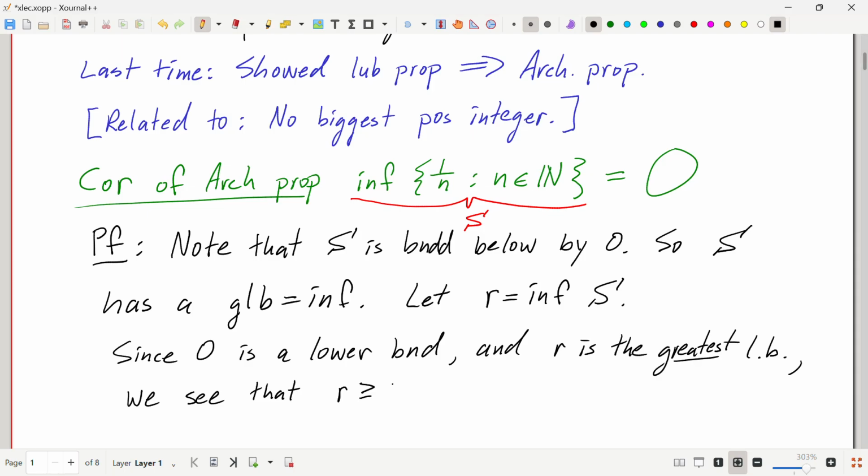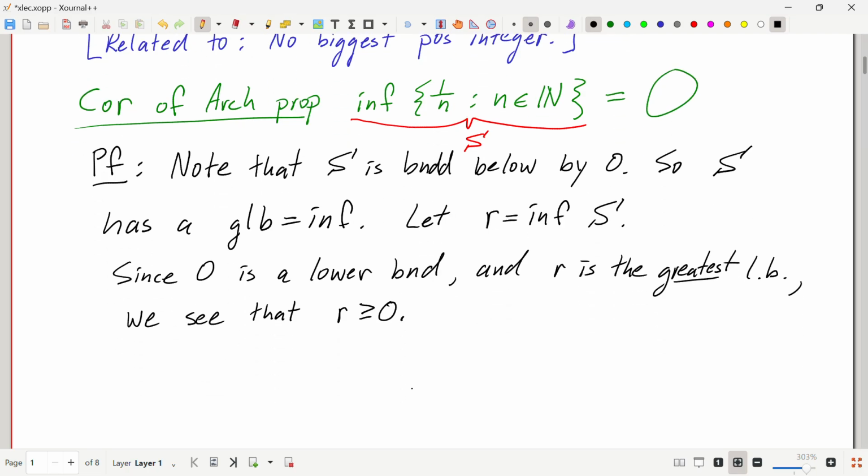Let's see. Well, if it's bigger than 0, here's what we can do.